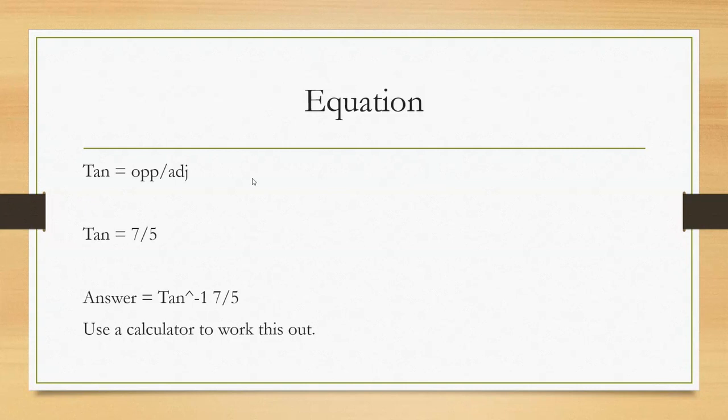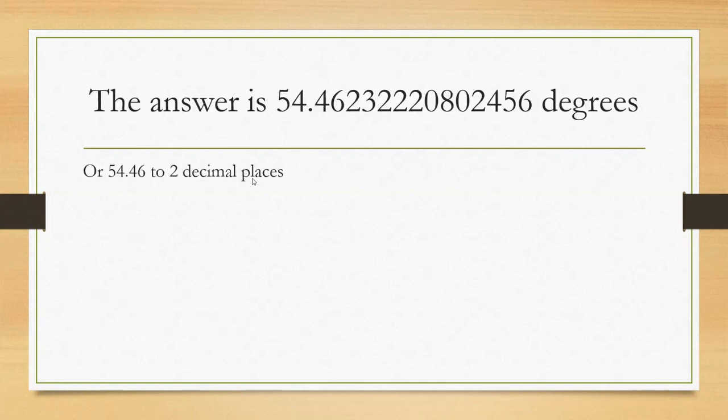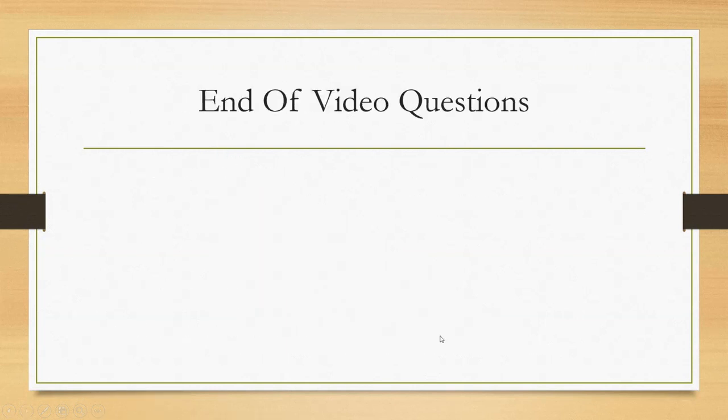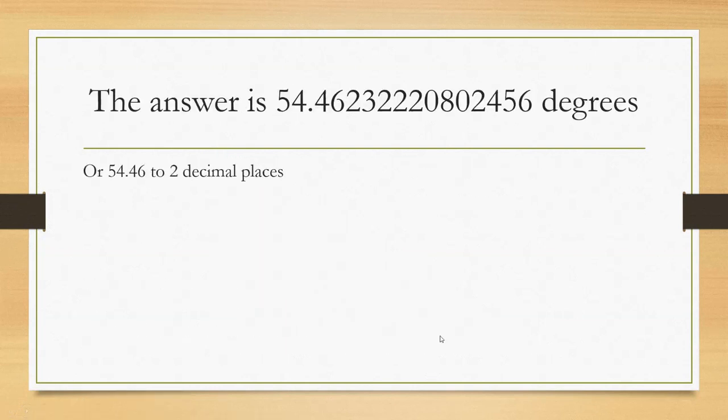Now this may look confusing, but many scientific calculators have the tan -1 at the top, and you can just enter 7 over 5 with it. So you can just use the calculator to work it out, and your calculator will get you the answer: 54.46232220802456 degrees. And that, if you look back, is the size of our beautiful angle here. We could also say 54.46 to 2 decimal places.